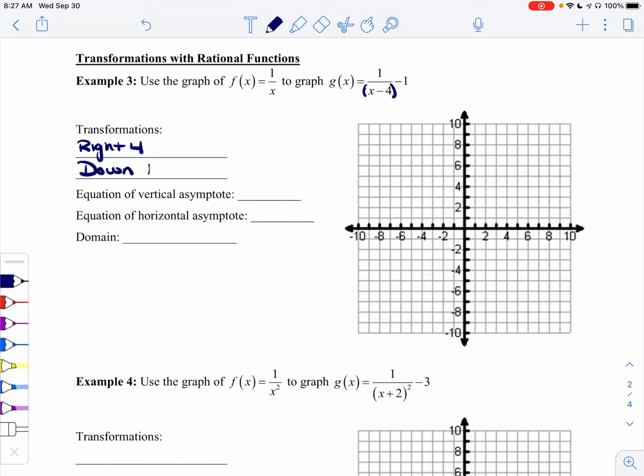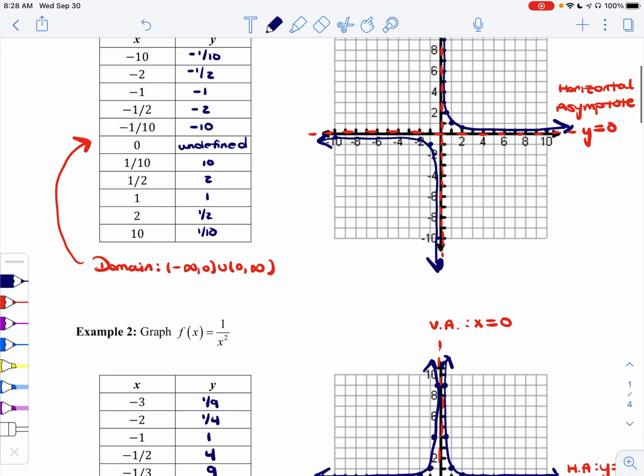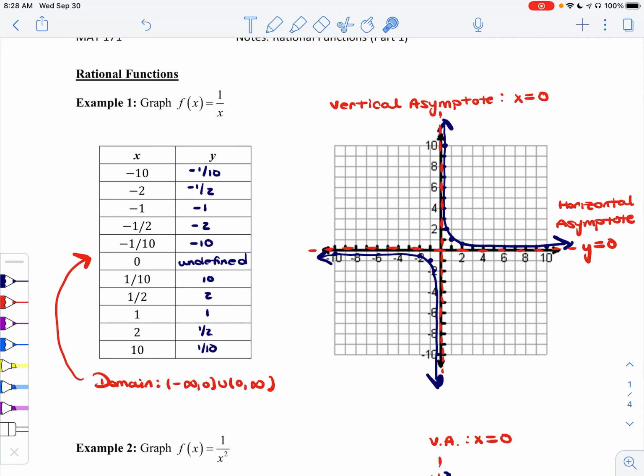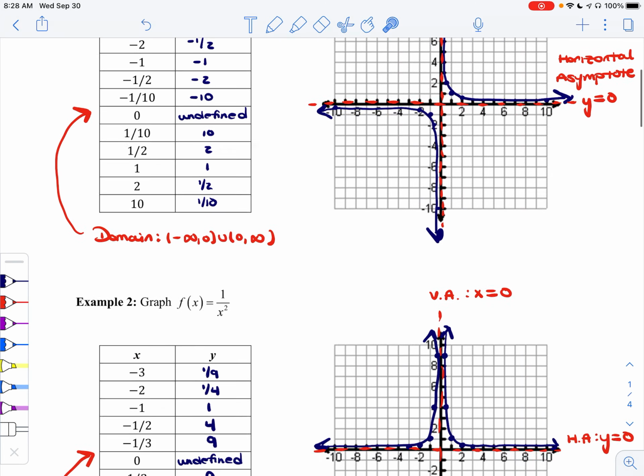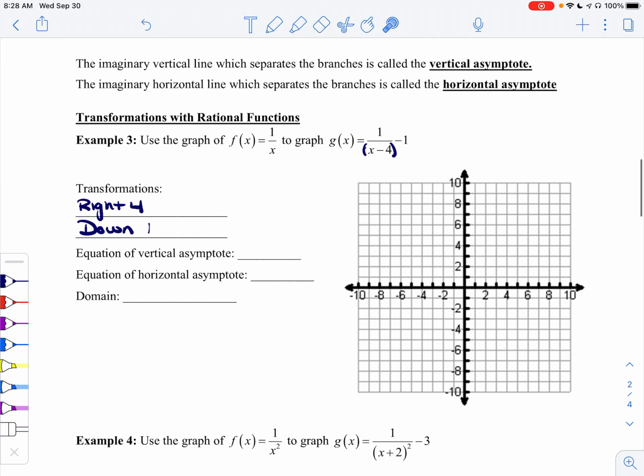Okay, now when we're doing transformations with our rational functions, we're not going to be quite as precise as we were in the past. Primarily what we're going to focus on is how these transformations affect our horizontal and vertical asymptotes. So let's go back and look at our parent function for a second up here. Originally our parent function had the vertical asymptote at x equals 0 and the horizontal asymptote at y equals 0. So we want to think about how these transformations are going to affect those.